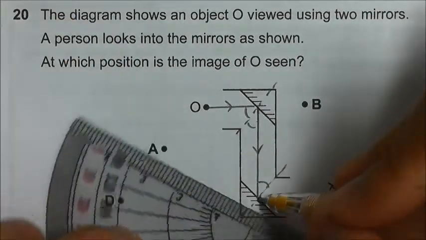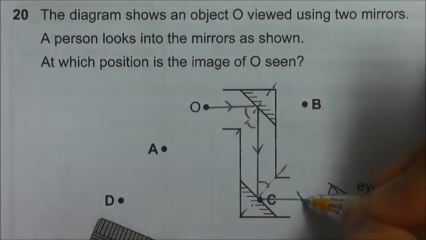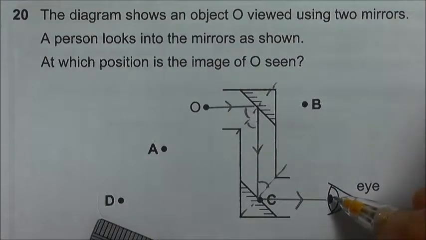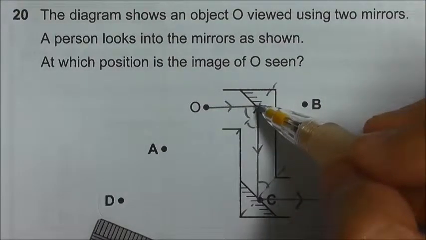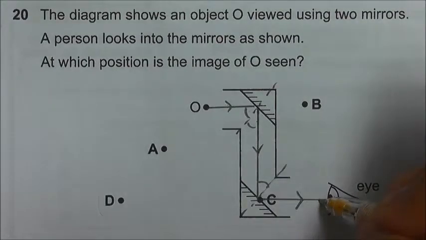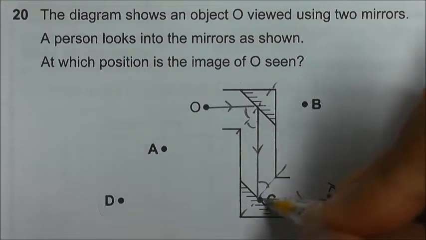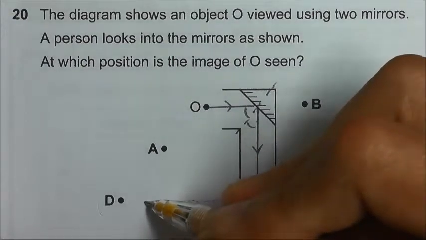It will be reflected the second time into the eye of the observer. Okay, the eye only sees this part of the ray. The eye doesn't know that the ray has taken one bend here and another bend here. So what the eye does is trace back along this path to locate the image.